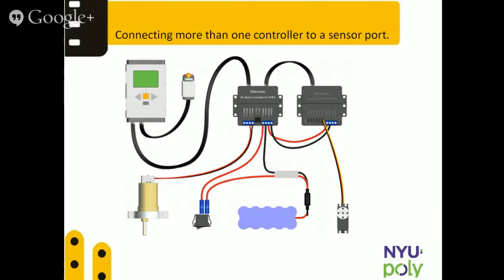The first connection is a touch sensor that we have already seen in our previous workshops, and the second connection is going to a DC motor controller. This DC motor controller obviously has to be powered, and in a cream color we have the DC motor, which is also connected to the DC motor controller.